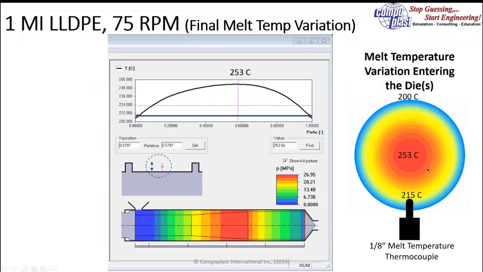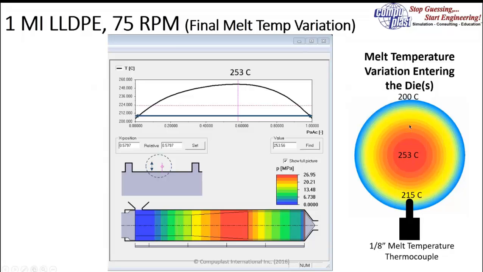And the customer may have a melt probe, which is in maybe about 1/8 of an inch into the adapter, and it's reading 215 degrees Celsius. And they would never see the high temperature that's flowing in the middle of the adapter at 253 degrees Celsius.